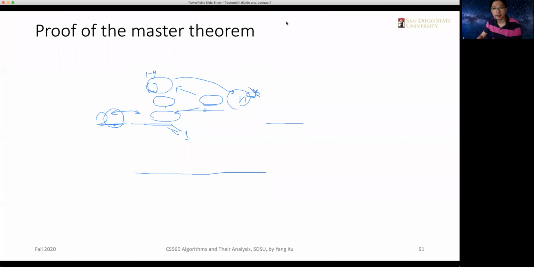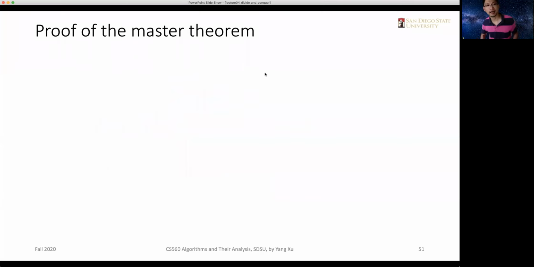So next we're going to see why the master theorem will work. The master theorem is not actually self-explanatory. It is just a statement, and we didn't know why this is the case.